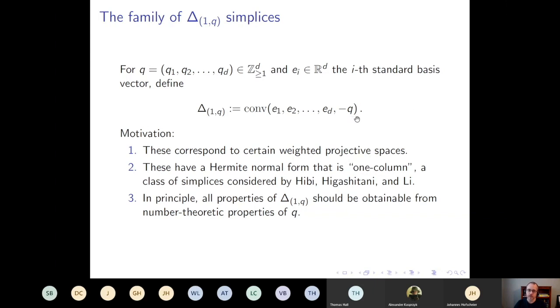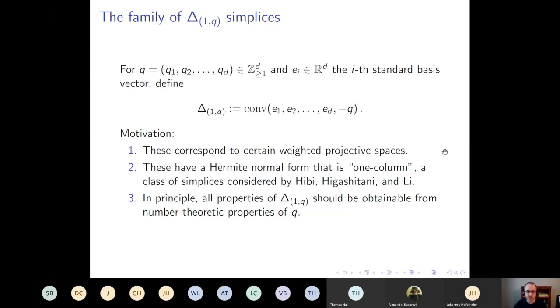And so this is a lattice simplex. It has a single unimodular facet coming from the standard basis vectors, and then essentially the arithmetic behavior of the simplex is controlled by the q vector. And so our motivation for studying these particular simplices is that they correspond to certain weighted projective spaces, which are of interest to algebraic geometers and others.